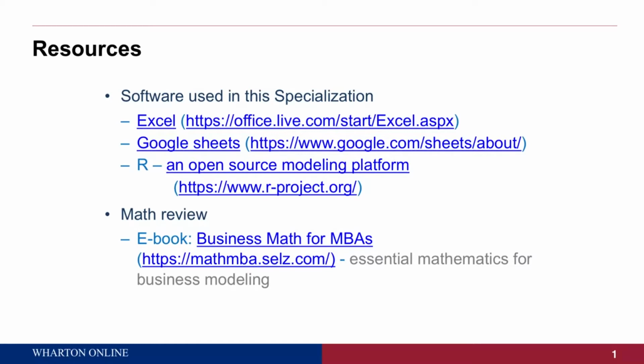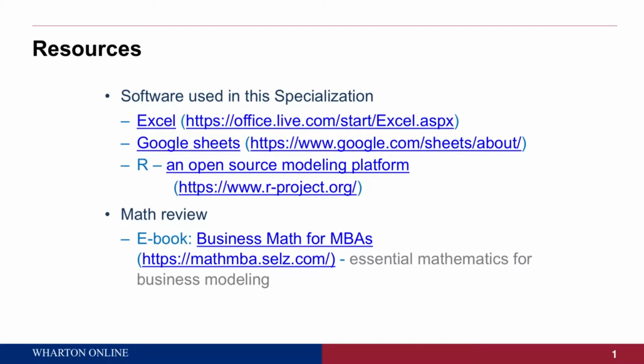In terms of the graphics that are present in the slides that I'm showing you, there's a language called R, which is an open source statistical modeling and simulation platform that is very, very helpful.